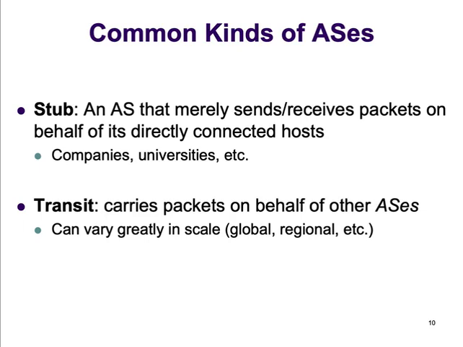So you might have a transit AS, for example, that covers California. And then you might have a transit AS, what we call tier 1 ASs, that cover the entire globe. Okay, so there's a little bit of hierarchy even amongst transit ASs. But by and large, this is an important distinction. Stub AS is only for your directly attached users. Transit ASs, you carry traffic for other ASs.